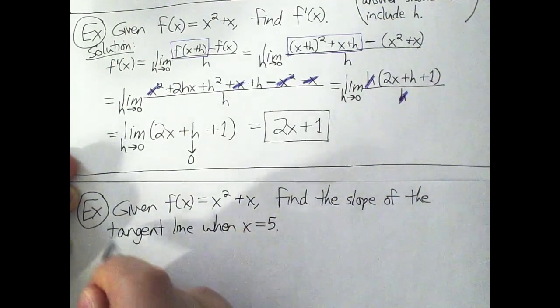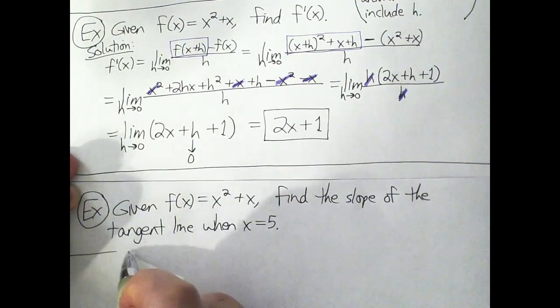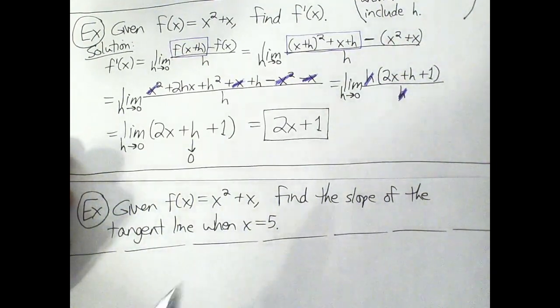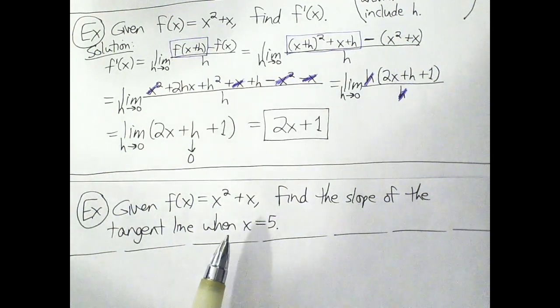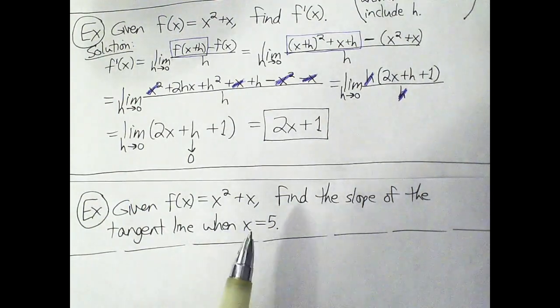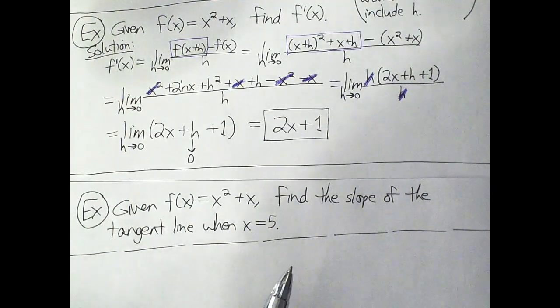Now, I'm going to answer this for us. It's going to be pretty quick. This is kind of how we phrased the questions in the previous video. In the previous video, we were given a function, find the slope of the tangent line at a certain x value. Okay?